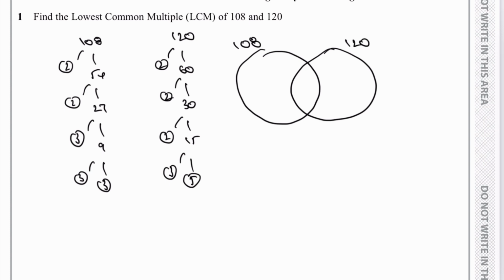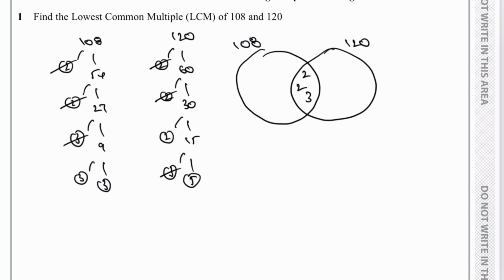The reason I mentioned hockey sticks before is I can look at my factor tree and tick off the 2 which is common to both 108 and 120, and do the same with the next 2 and put that in the middle. Then it's a little bit easier to see that 3 is also common. So what I've got in the middle there is effectively the highest common factor.